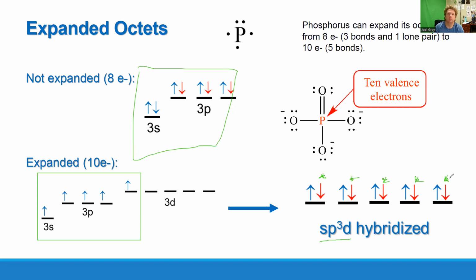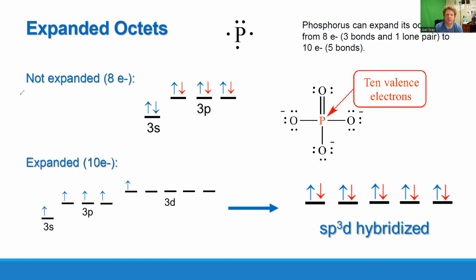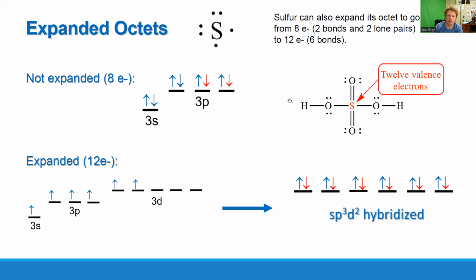So this is a very important point. A hybrid orbital enables expanding or exceeding the octet rule. So orbital hybridization allows for exceeding the octet. As we see here, like I said, an sp3d2 orbital.